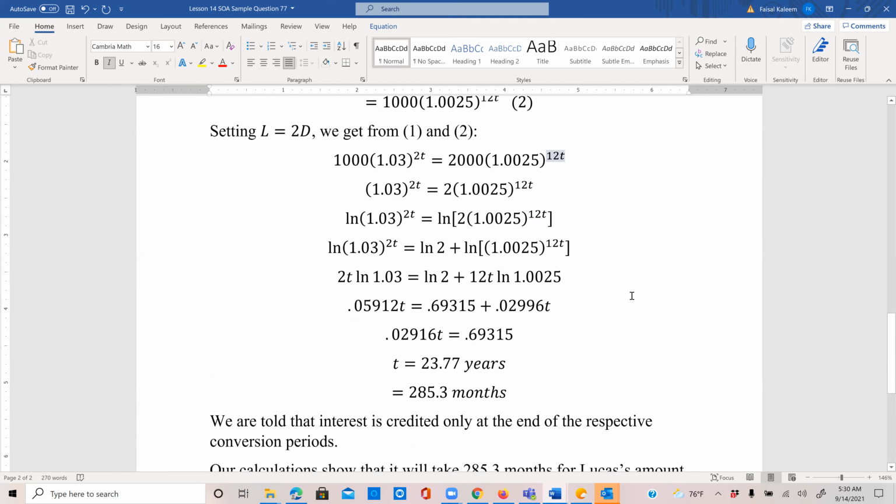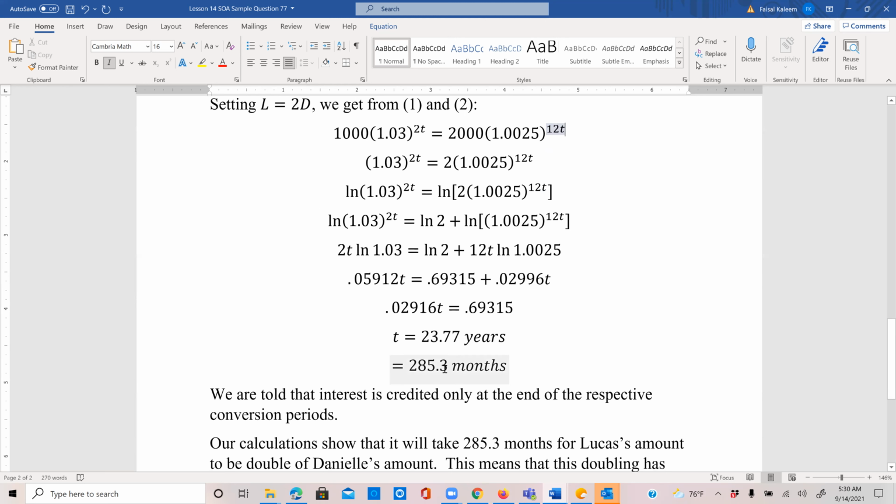So this is telling us that if the interest was being credited all the time and not just at the end of each period, then it would be 285.3 months when Lucas's balance would be double Danielle's. However, any time less than 285.3 months, Lucas's balance is still not double Danielle's, it's still short of that.